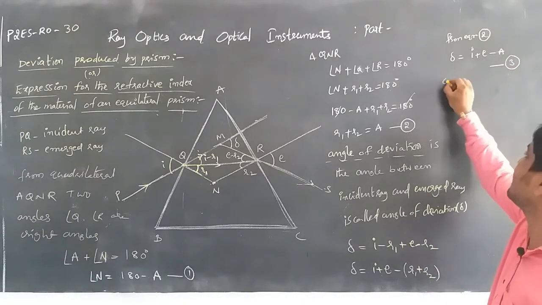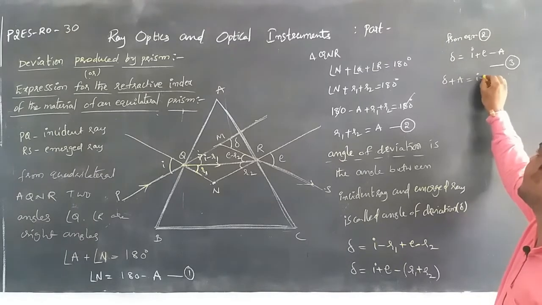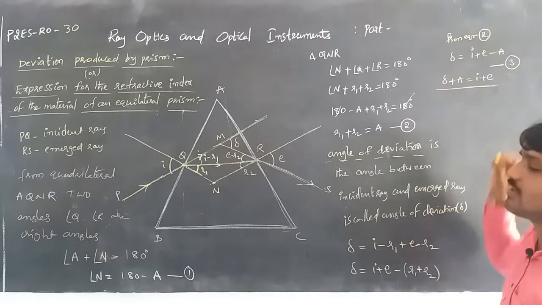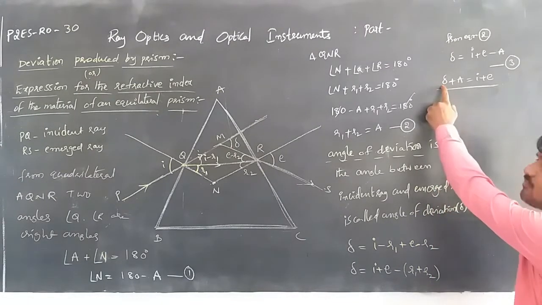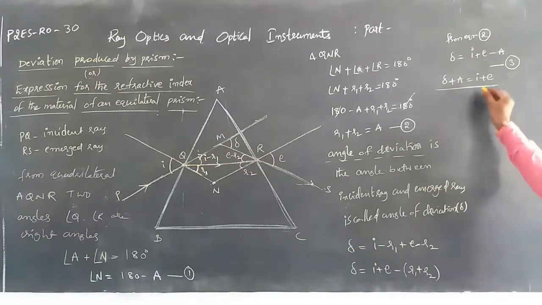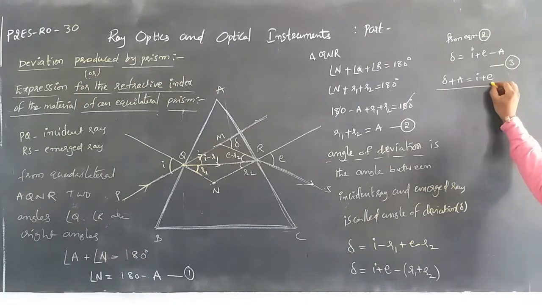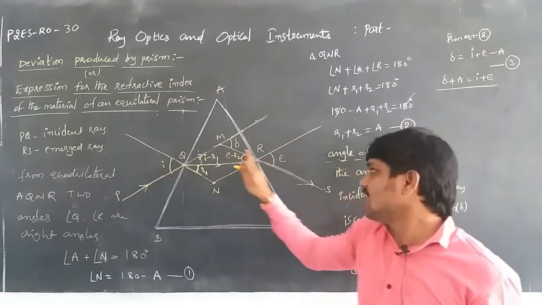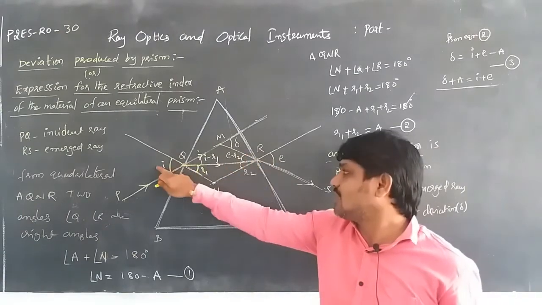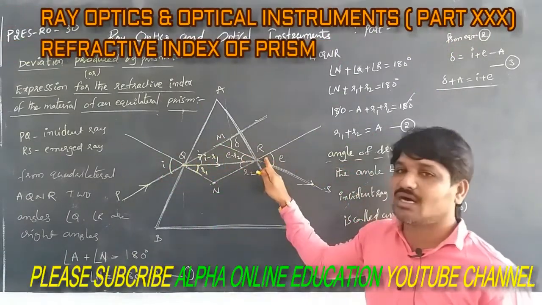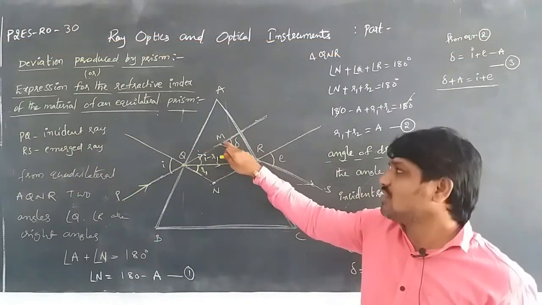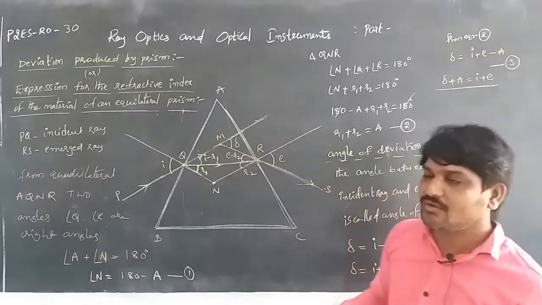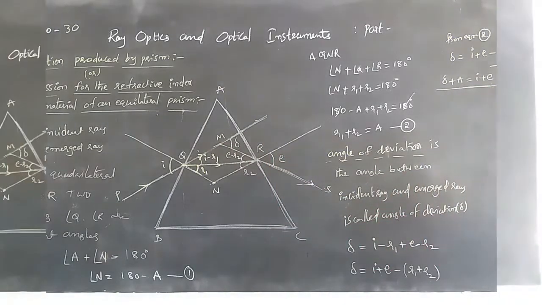That is, delta plus A is equal to I plus E. Here delta means angle of deviation, A means angle of prism, I means angle of incidence, and E means angle of emergence. We can define it by using this equation.